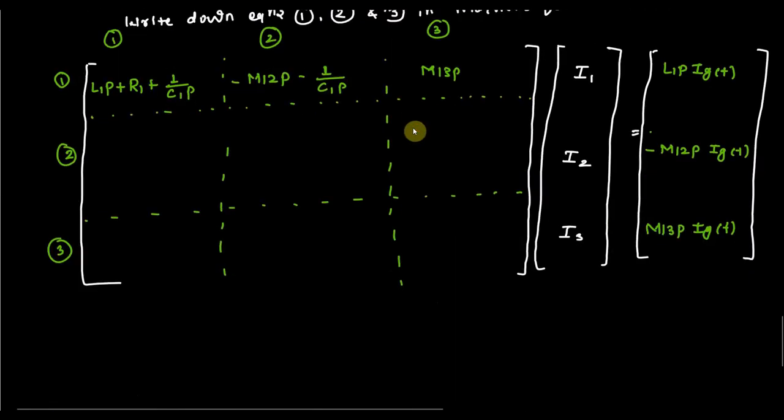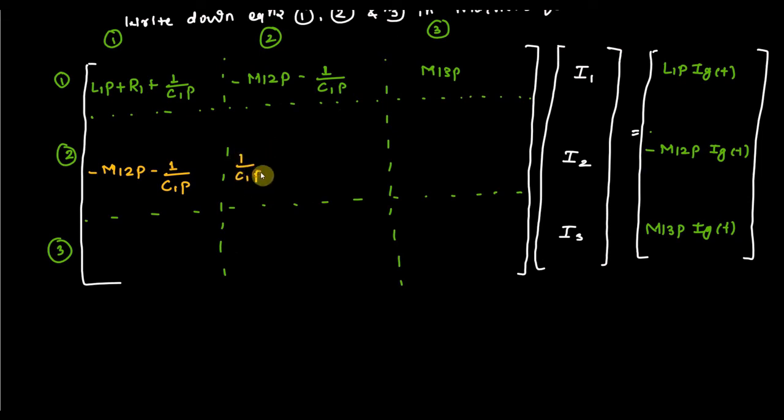So I will write in the second row, minus M12P minus 1 upon C1P, then 1 upon C1P plus R2 plus L2P, and this term is minus R2.